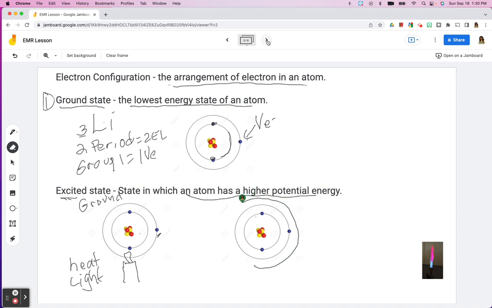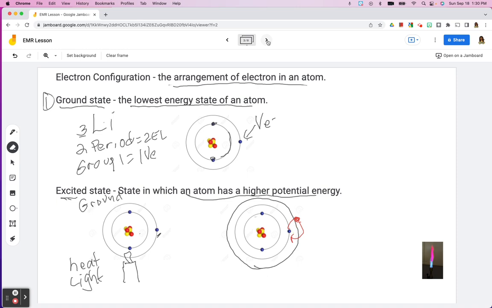When it gets excited, this valence electron jumps to the next energy level. That's the excited state. But just like you, when you get excited and you jump up in the air, do you stay in the air? No. That electron returns back to its ground state, the original state, the state that it really wants to be in.